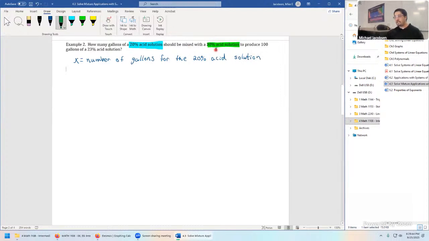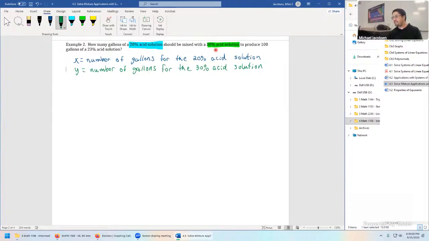Then likewise, this is the different liquid we're using. Y is going to be equal to the number of gallons for the 30% acid solution.